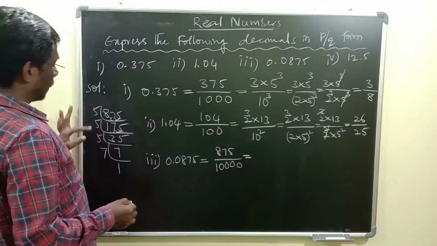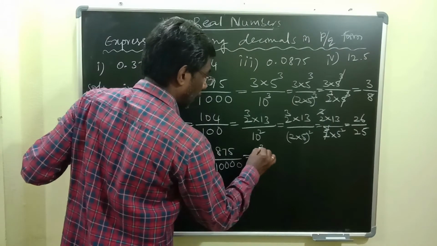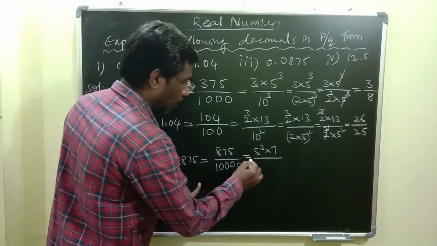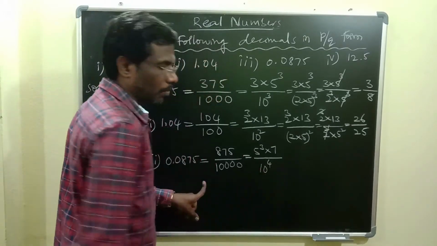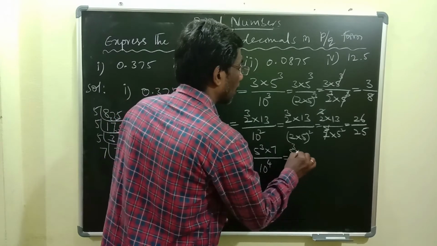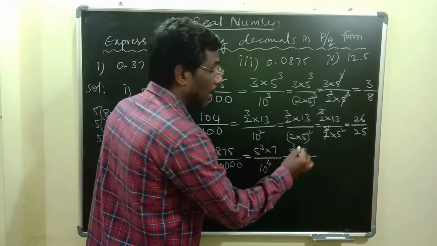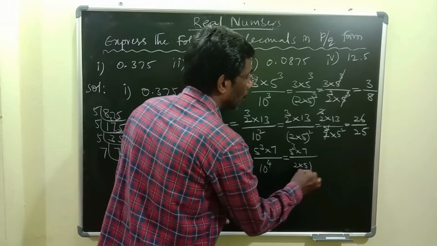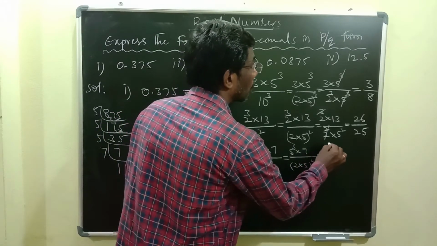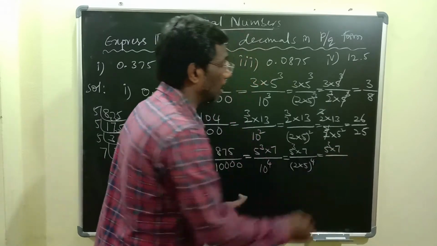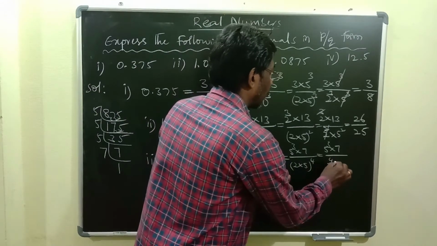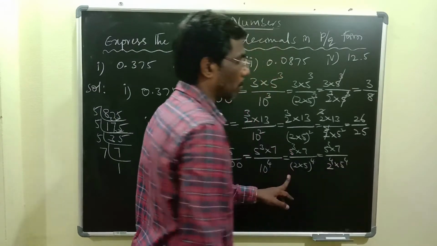Then what can we write? 5 cube into 7. By this, 10,000 we can write as 10 power 4, which equals 5 cube into 7 by, again, the 10 can be written as 2 into 5, whole power 4. Separating the power to both the bases, that is 2 power 4 into 5 power 4.